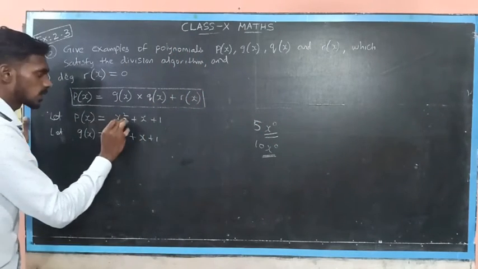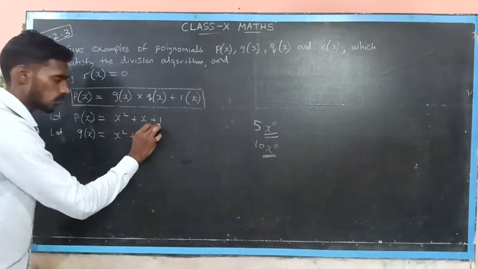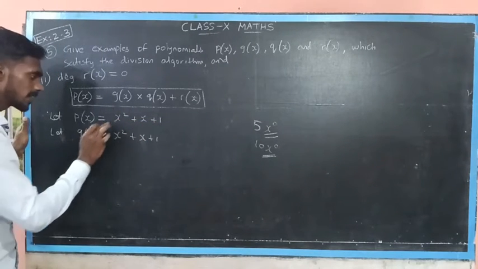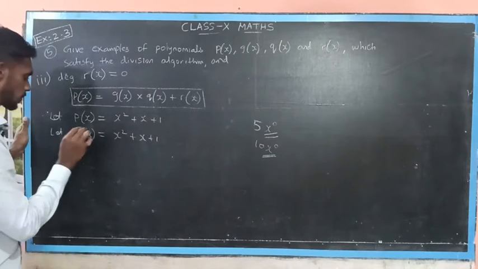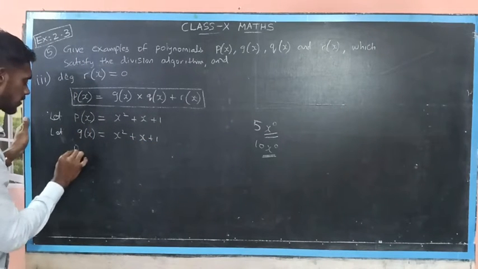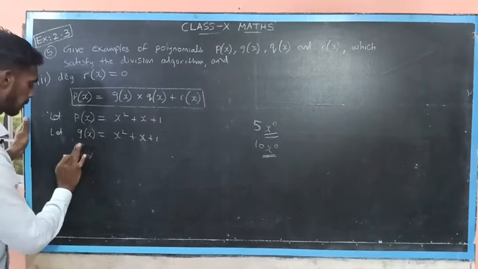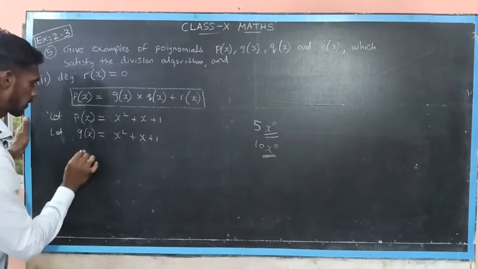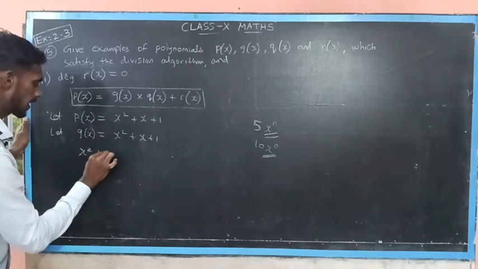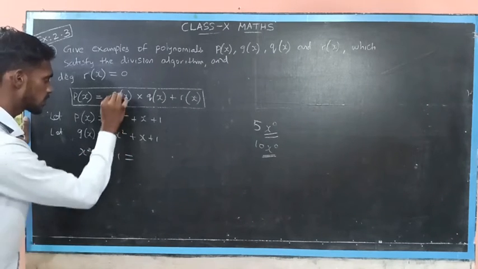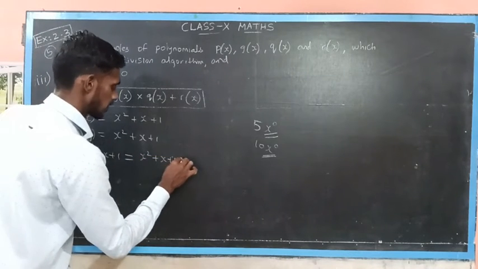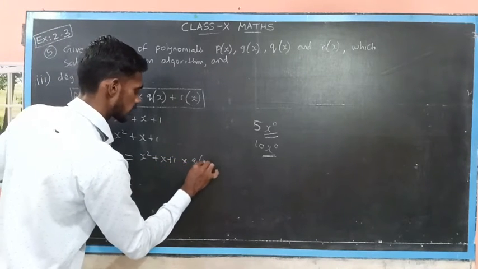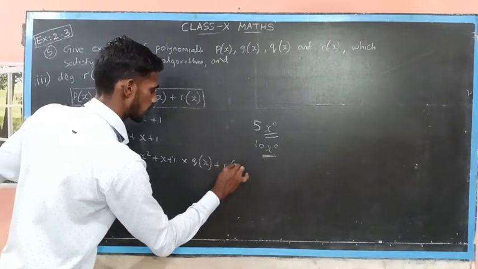Let P of x is equal to x square plus x plus 1. Then I am assuming G of x to be the same polynomial, x square plus x plus 1. So if we divide these two polynomials, that is x square plus x plus 1 is equal to G of x value, x square plus x plus 1 into Q of x plus R of x.